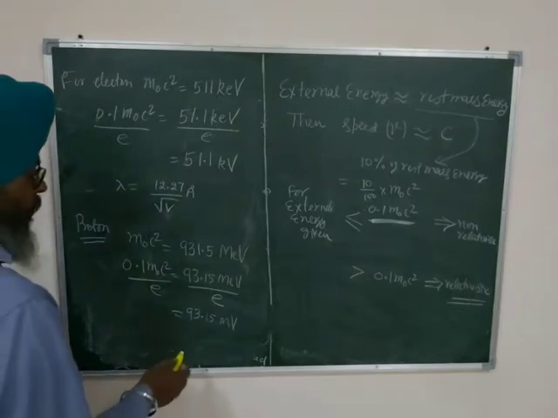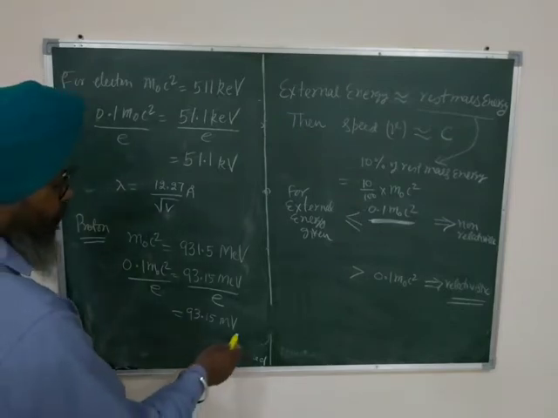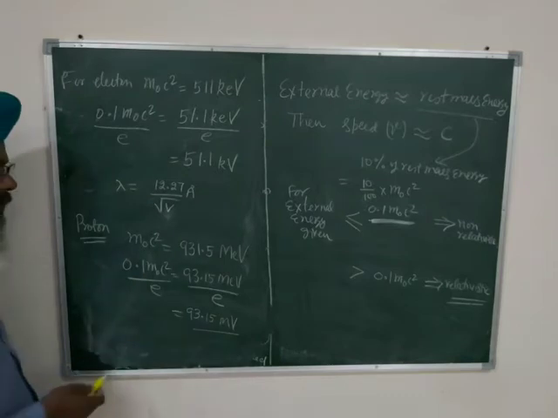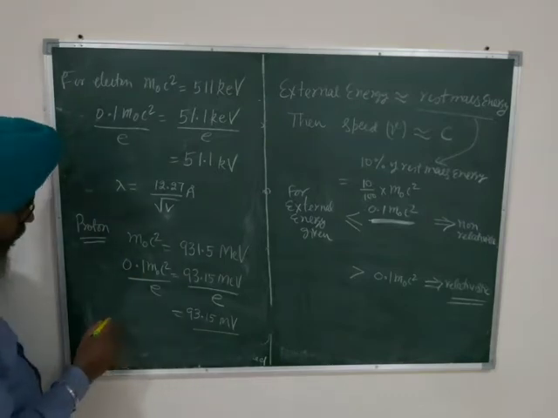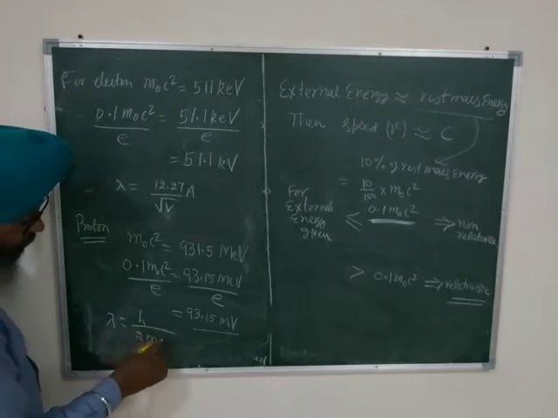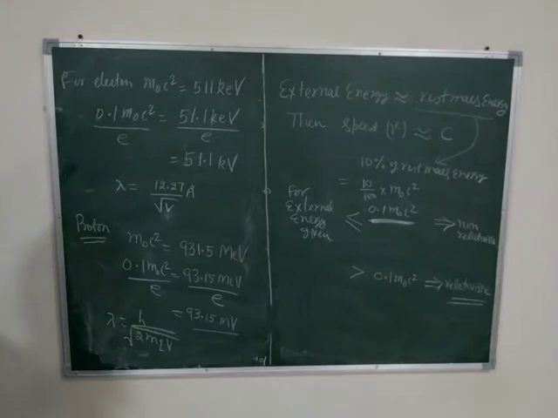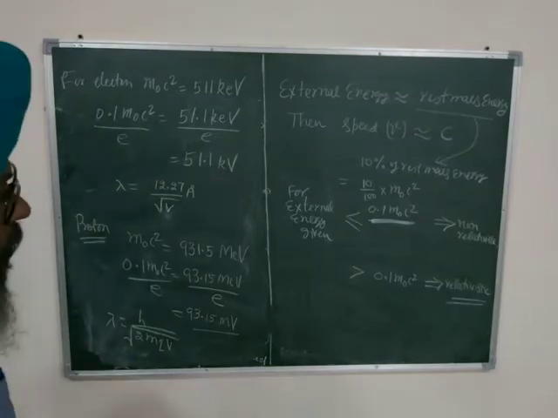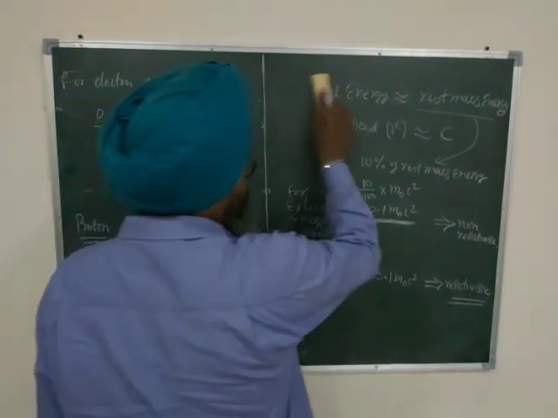Now, if the accelerating potential for a proton is up to this value, we can use this formula, lambda is equal to h divided by square root of 2 m q V. Otherwise, we will have to use the relativistic formula.